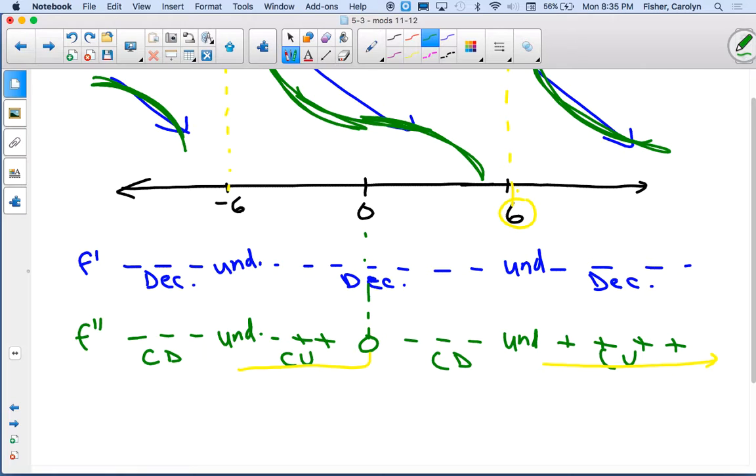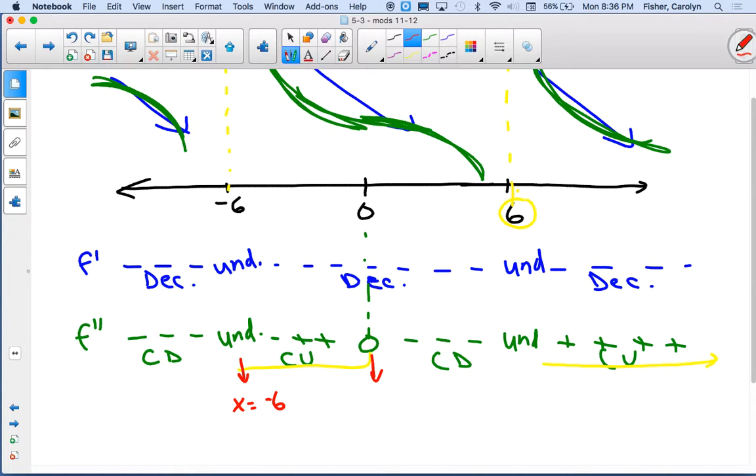Okay, but regardless, point of inflection would be where your derivative is either undefined or 0 and changes signs. So since it's changing sign, my second derivative is changing sign between here and here, right at x equals -6.